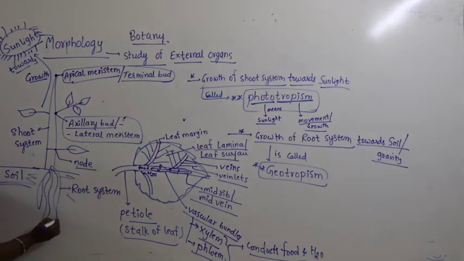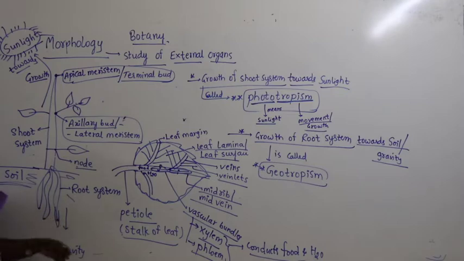The tip of the root is growing towards gravity. You know that at the depth of the soil we find gravitational force. At a particular depth of the soil we find what is called gravitational force. Everybody studied this in your lower classes.